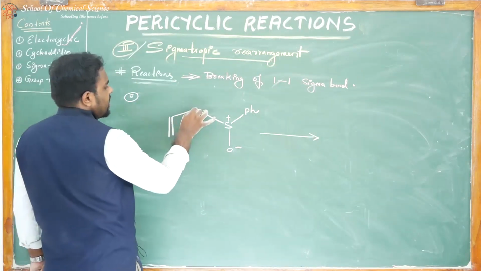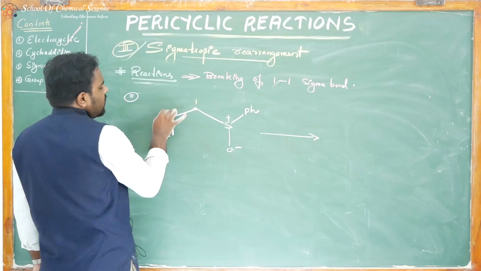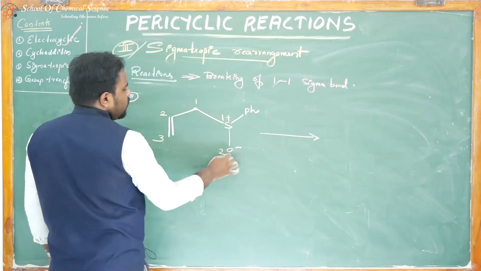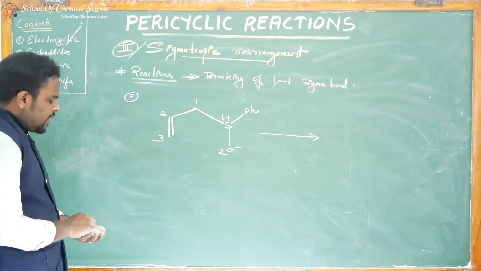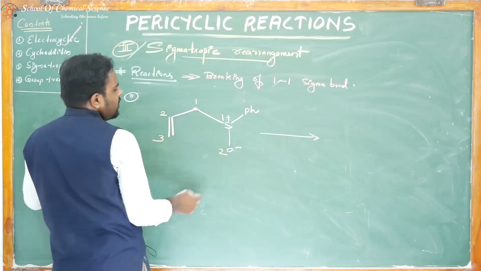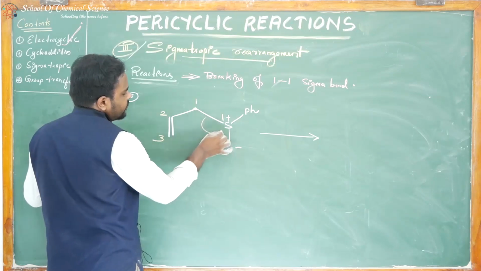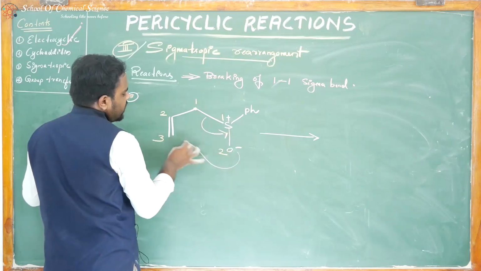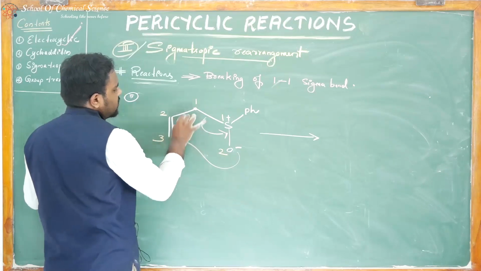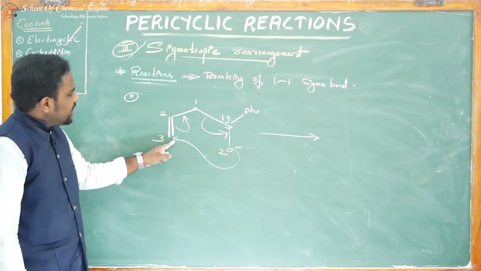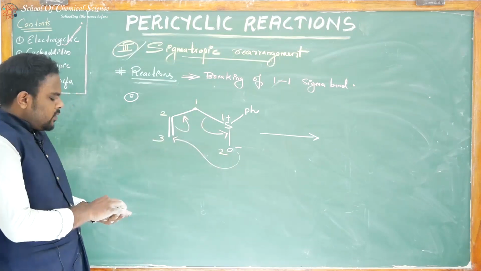Definitely, because an allylic carbon is present. So 1, 2, 3. Opposite direction 1, 2. So what is the 1-1 bond? This is the 1-1 bond. So the 1-1 bond undergoes cleavage. O minus will make a new sigma bond here, this pi bond towards here.